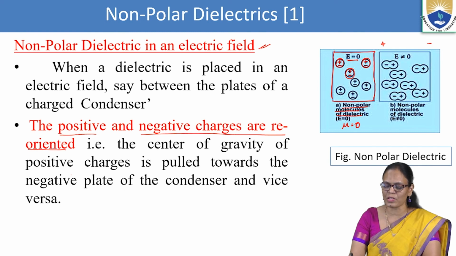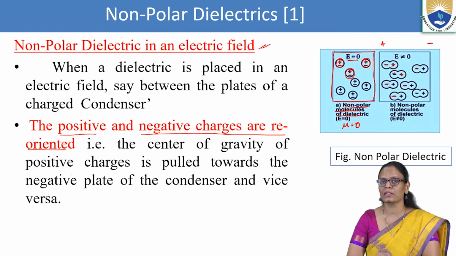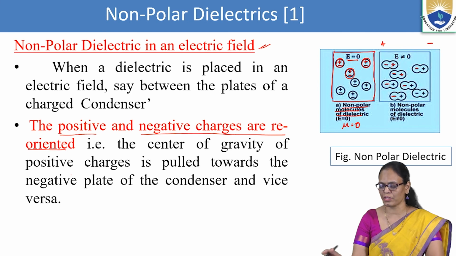So, if this is the positive plate, all the negative charges are pulled towards the positive plate and all the positive charges are pulled towards the negative plate. So, when we are placing this dielectric in an electric field, even though it is non-polar, when subjected to an electric field, these charges are getting displaced.